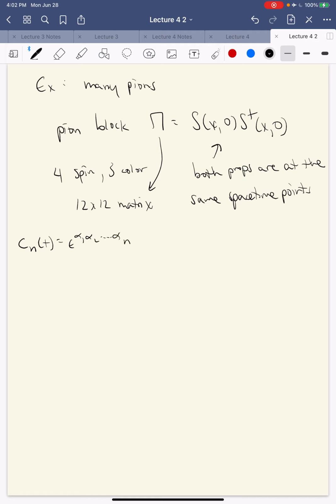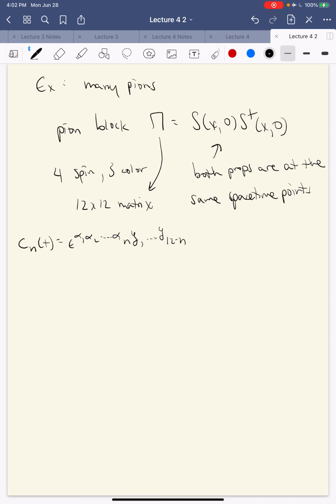And we're going to need lots of indices here, so let me just write this first. Okay, so for the pion block, the indices run from 1 to 12, which means that our Levi-Civita tensors have to have 12 indices.